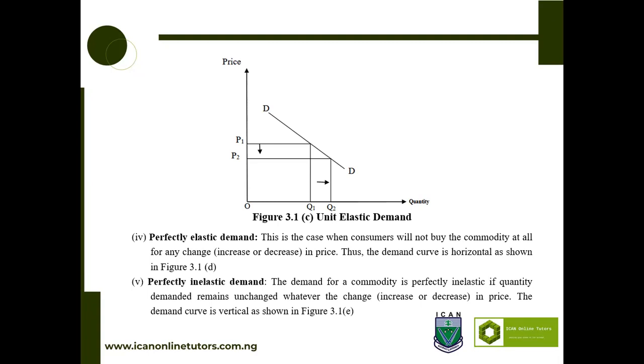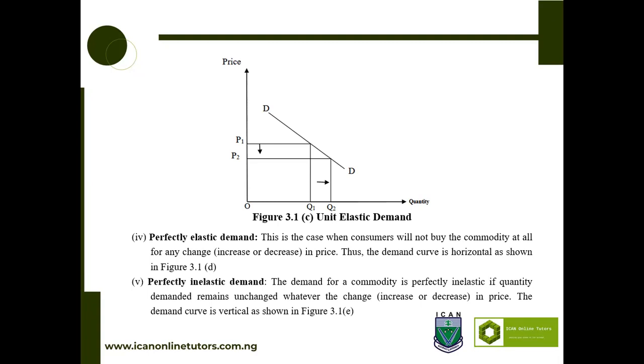We have perfectly inelastic demand. The demand for a commodity is perfectly inelastic if quantity demanded remains unchanged, whether the price increases or decreases. Either there is an increase in price or a decrease in price, the demand for such a commodity will remain unchanged.